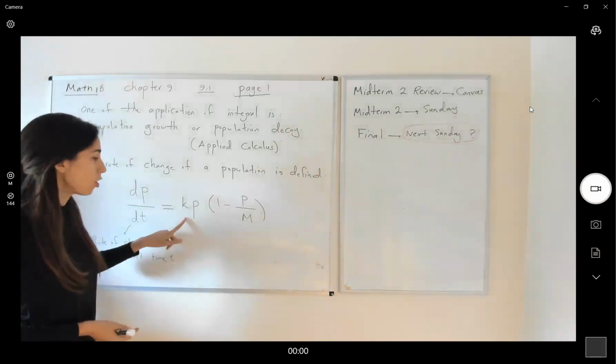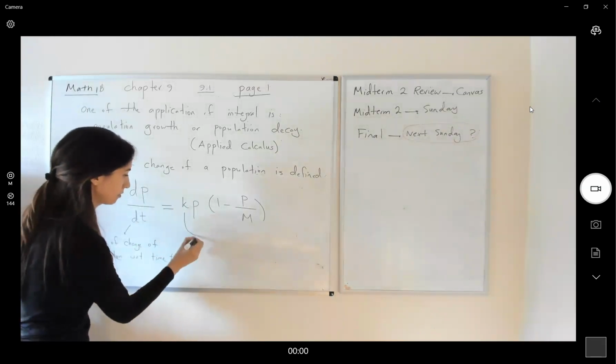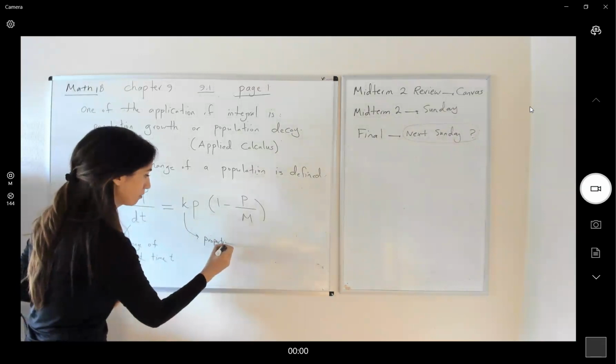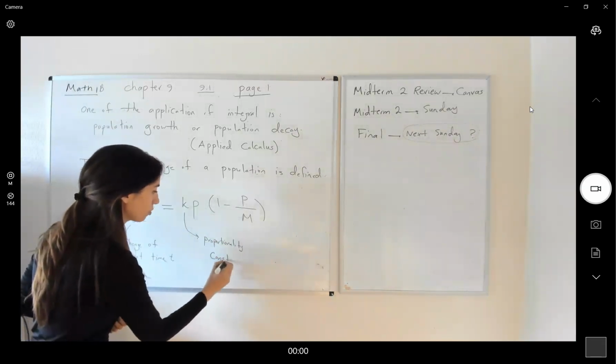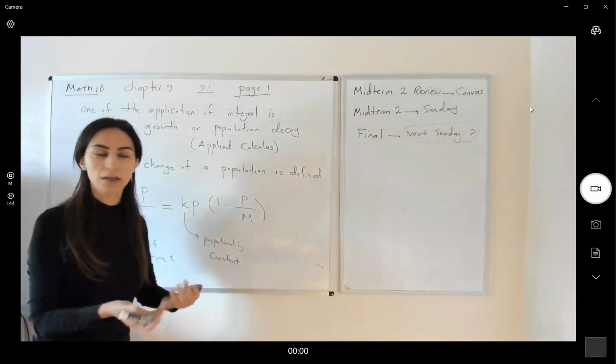K is called the proportionality constant, so it's just a number. And M is called the carrying capacity.